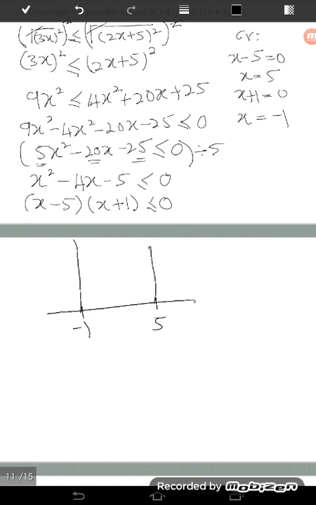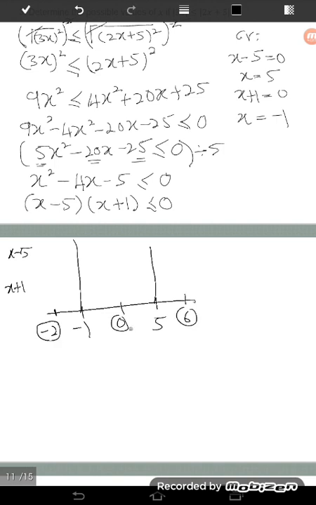So we have two factors, x minus 5 and x plus 1. Before negative 1, choose any value, negative 2. Between negative 1 and 5, let's say 0. After 5, 6.